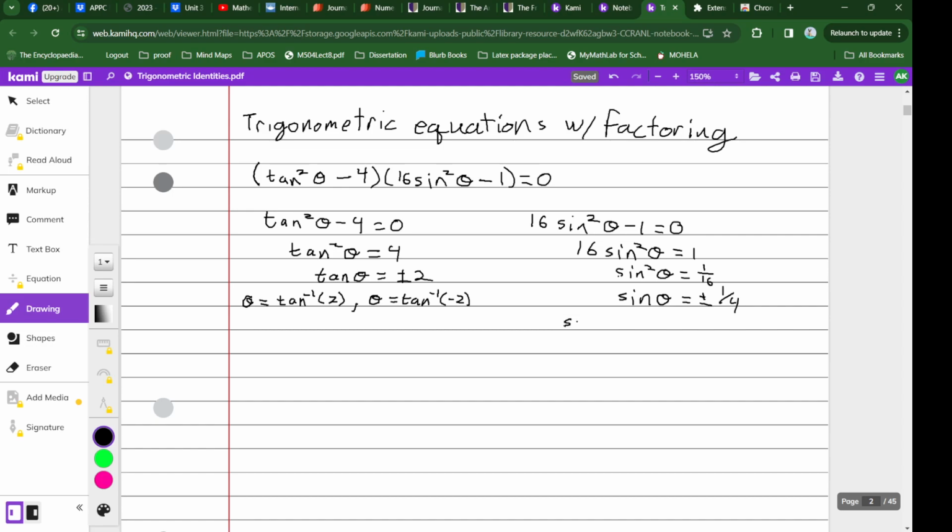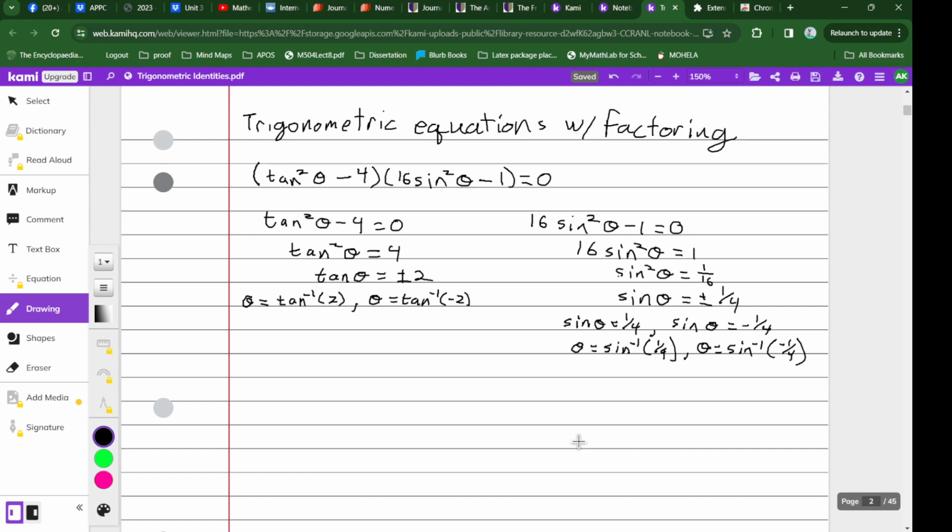So the sine of theta is 1/4, or the sine of theta is negative 1/4. Which means that over here, theta equals the inverse sine, or the arc sine, of 1/4. And then theta equals the inverse sine, or arc sine, of negative 1/4.